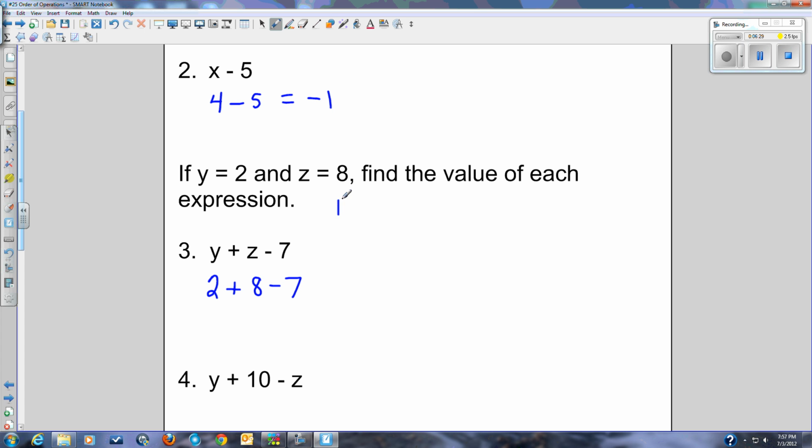Now, according to PEMDAS, which we're still using, we just have addition and subtraction in the problem, and addition and subtraction should be done from left to right. So let's start with 2 plus 8, which gives us 10. And now we subtract 7, which gives us 3.